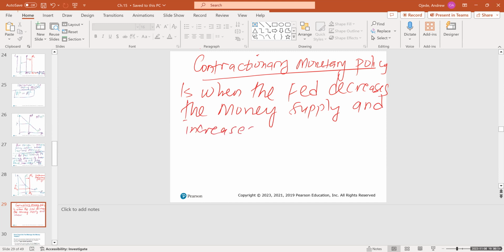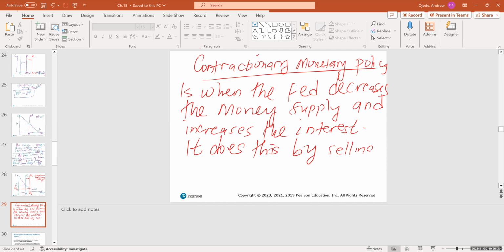The Fed does this either by selling bonds, because selling bonds decreases money supply. You saw that in chapter 14 through the balance sheet. Or by increasing what?